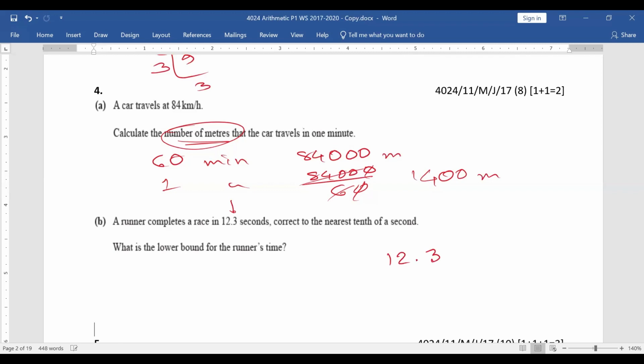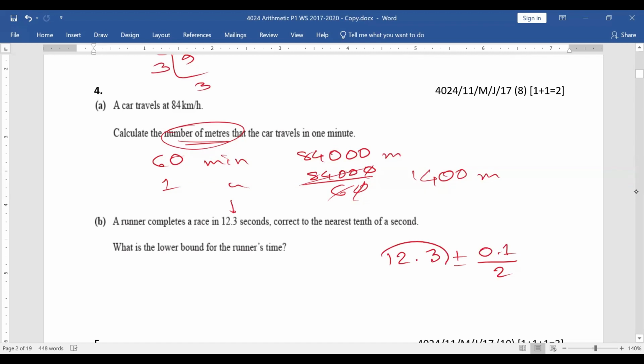Just consider, as it is correct to the nearest tenth of a second, we have to add 0.1 divided by 2. Not really add, we have to subtract for the lower bound. So 0.1 divided by 2.